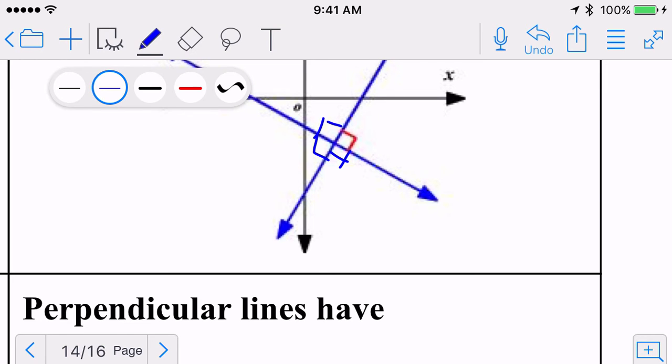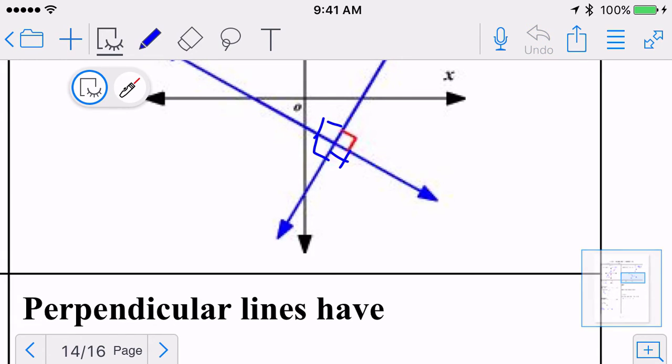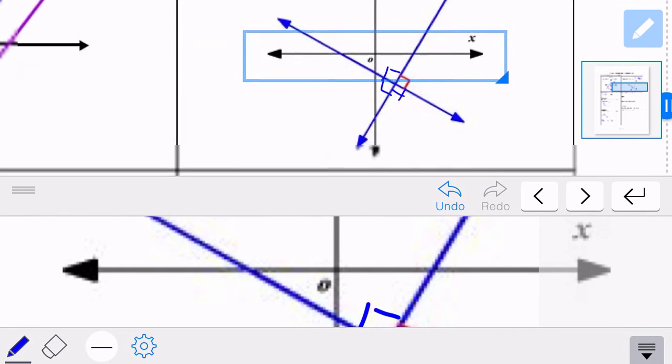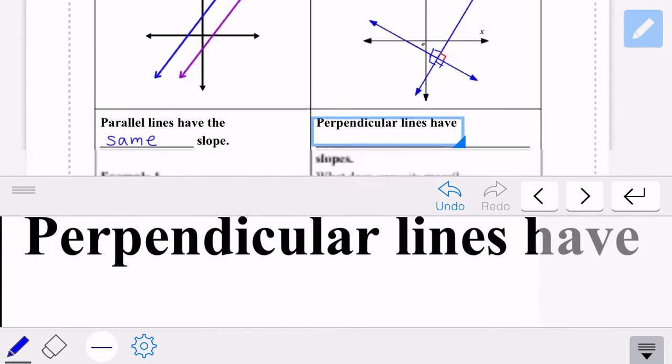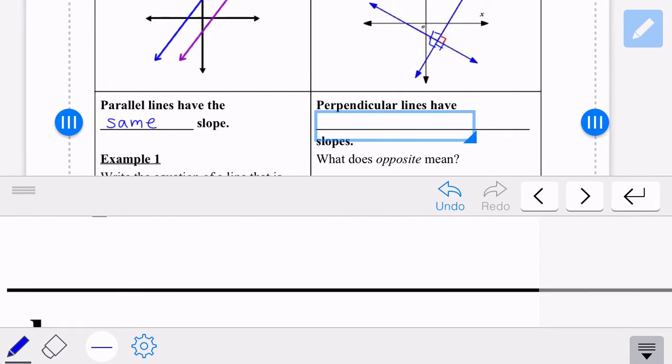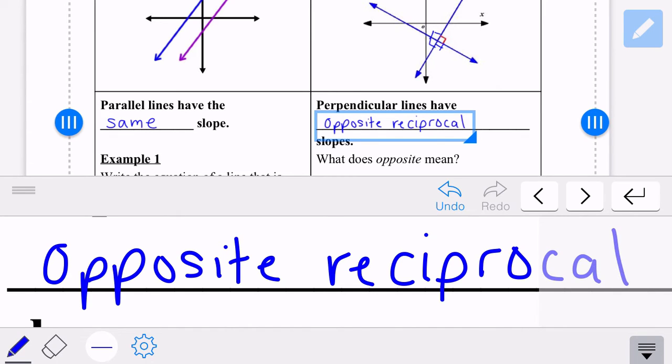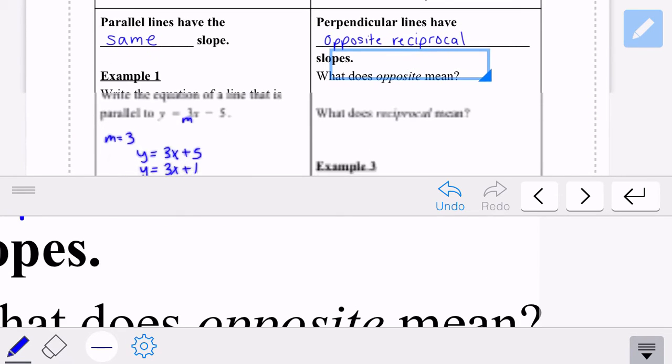So their slopes, those are a little bit different. Those guys are going to have opposite reciprocal slopes. What does opposite mean?